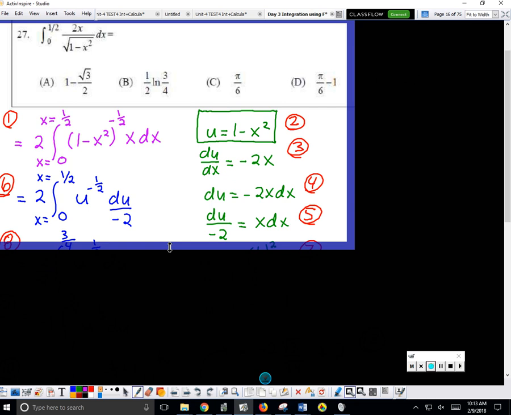Now I have a very simple find the antiderivative. Did you get negative 1 with the 1 minus x squared all squared?